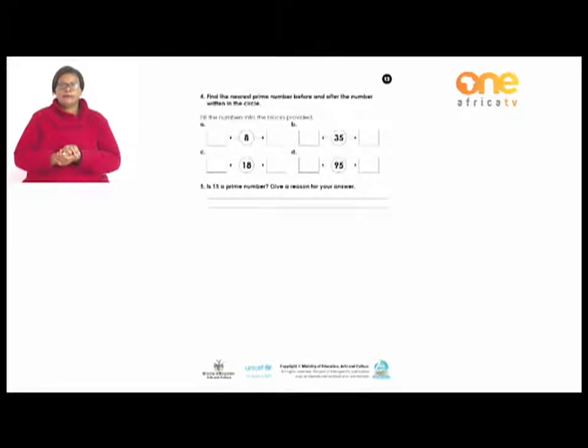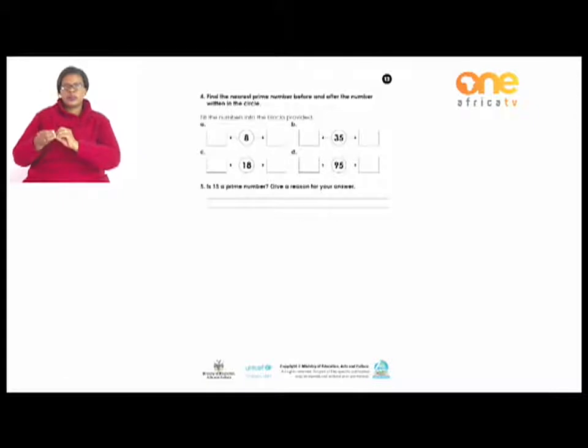Page 13 is asking, find the nearest prime number before and after the number written in the circle. Now, if we look at A, there is the number 8 there. So on your left-hand side should be the smaller number, and on your right-hand side should be the bigger number.